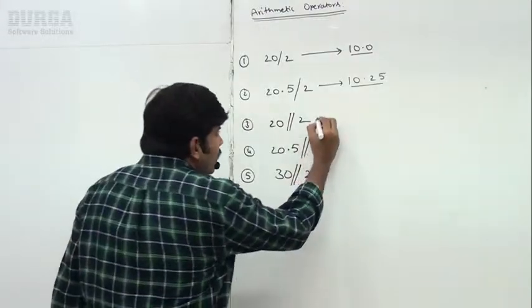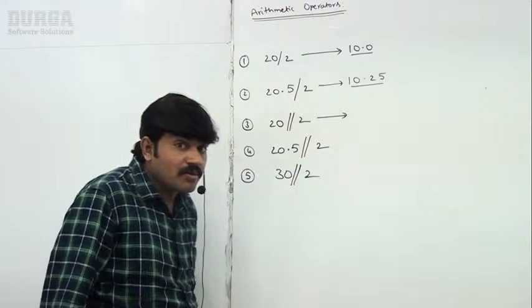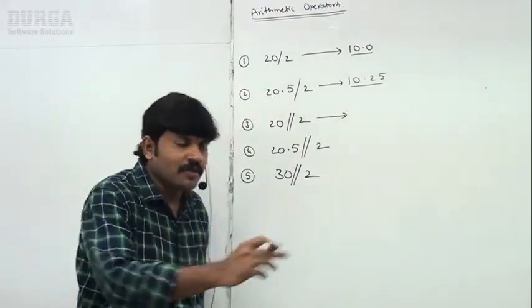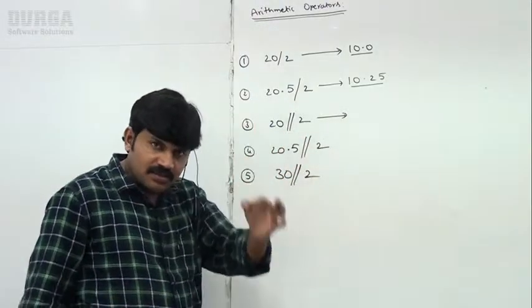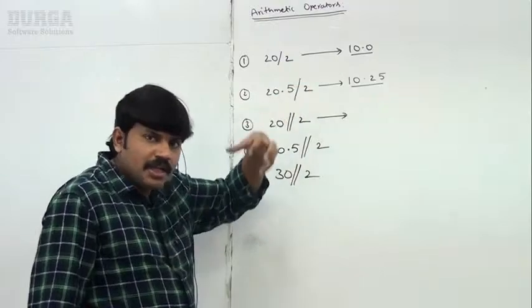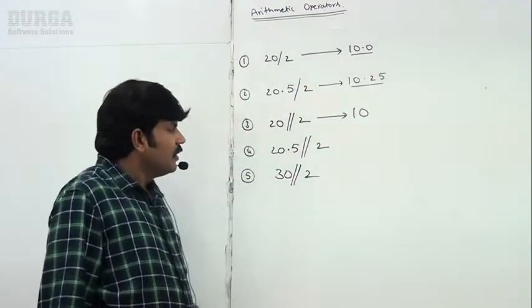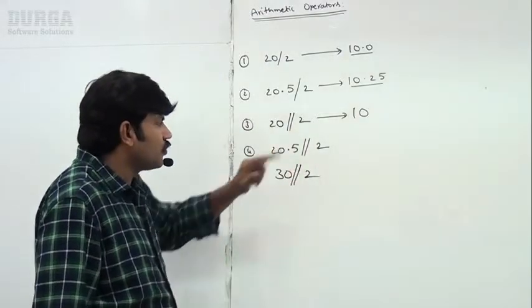Next, 20 floor division 2. Now take special care. Floor division may be int or float. Both arguments are int type, so the result is always int. What is the answer, sir? 10.0, but int value means 10 is the answer. Okay, observe. Next, 20.5 floor division 2.